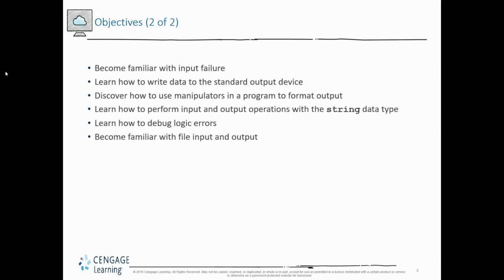All right. Let's see here. Become familiar with input failure. Obviously, we're going to make mistakes. Some of the input failure that we might get when running any given program is if we're having a char as an example, and remember the char data type is only one character, okay?